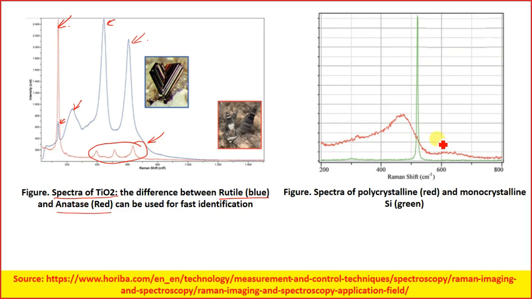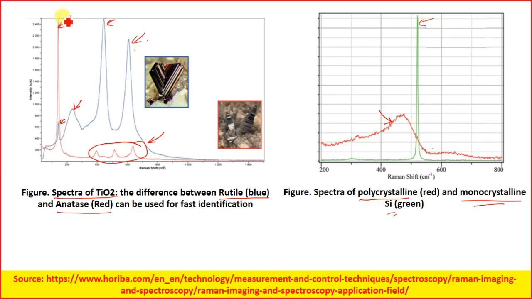Then, if you have polycrystalline, that means crystalline plus amorphous regions, you will get a broad peak like this. And if it is a monocrystalline peak, you will get a sharp peak like this. Here, you see multiple crystalline peaks in the rutile phase of the TiO2.